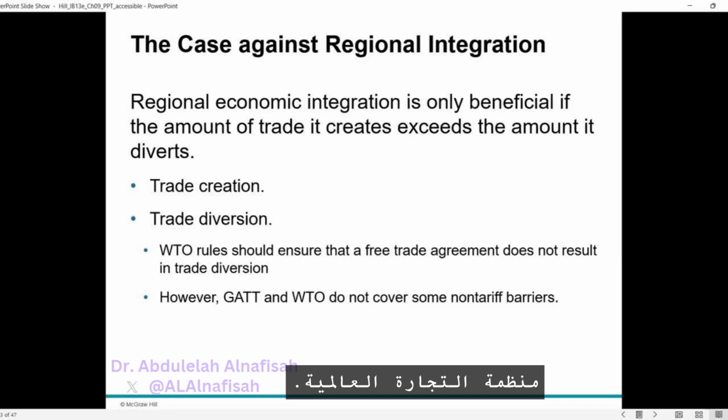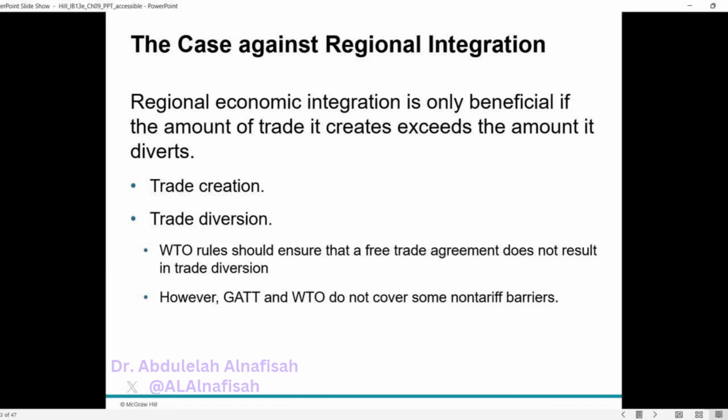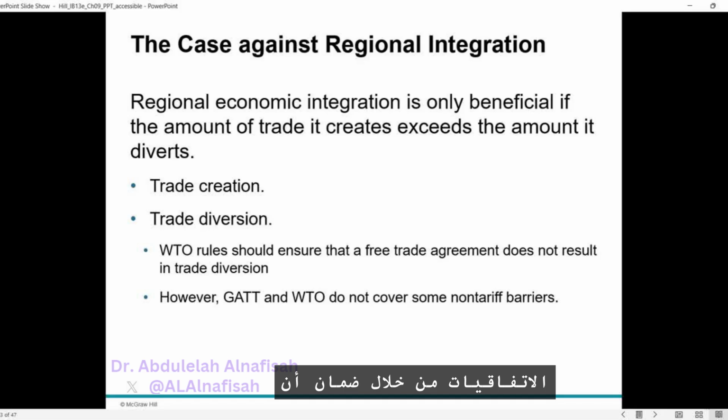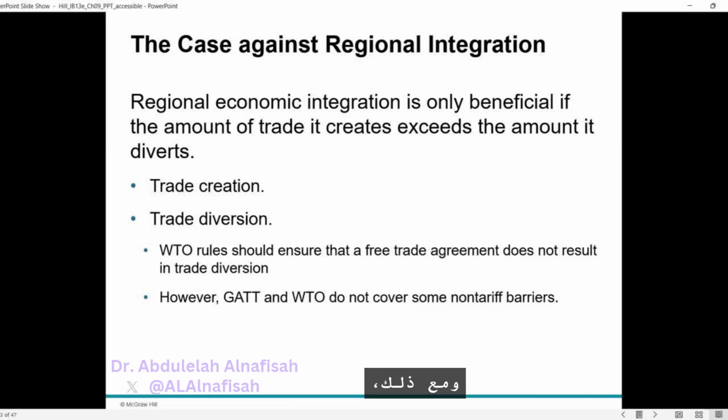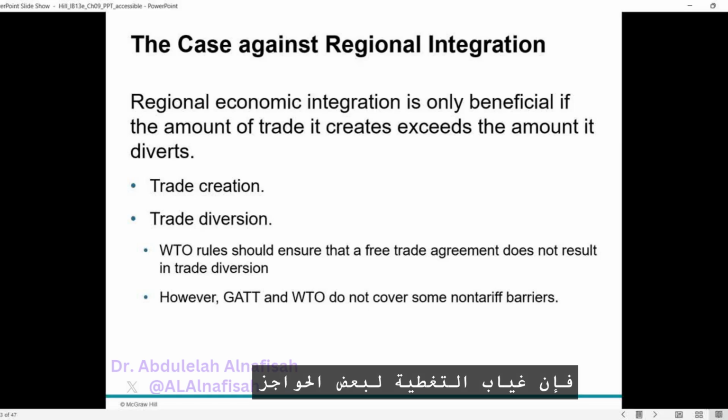The World Trade Organization, WTO, rules are designed to prevent trade diversion within free trade agreements by ensuring that tariffs are not more restrictive to outsiders than prior agreements. However, the absence of coverage for certain non-tariff barriers leaves room for regional blocs to protect their markets with high barriers, potentially leading to trade diversion outweighing trade creation.